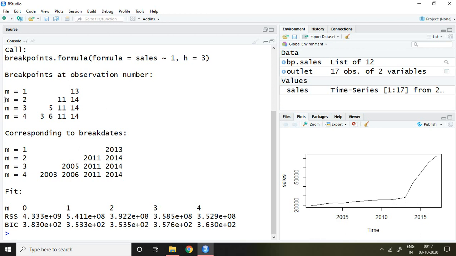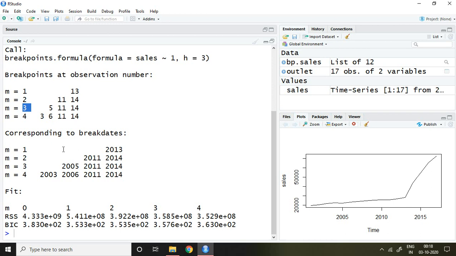If you consider two breakpoints, then it will be observation number 11 and observation number 14. Similarly, if you consider three structural breakpoints in your data, then it would be 5, 11 and 14. And when you consider four, then it would be 3, 6, 11 and 14.